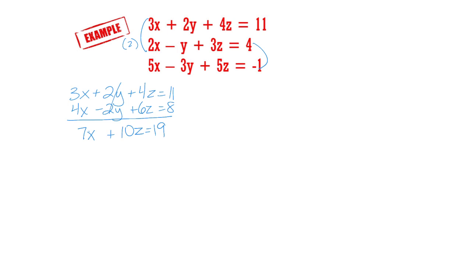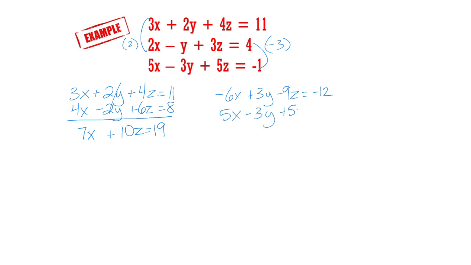And so that means I'm going to take the second equation, not the bottom equation, times a -3. So I'm going back to the original and take that whole thing times -3. That's going to be a -6x, positive 3y, -9z equals -12. And I'm grouping it with the bottom equation.